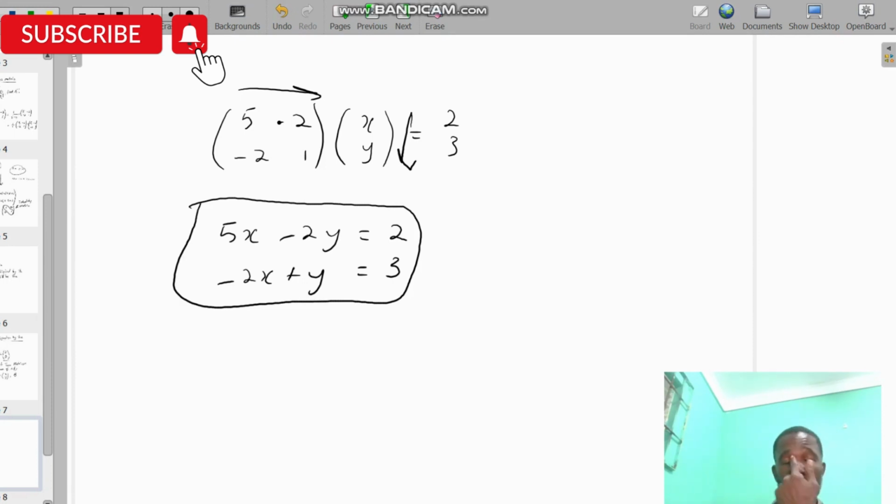So how do we go about solving the pair of simultaneous equations via the matrix method?